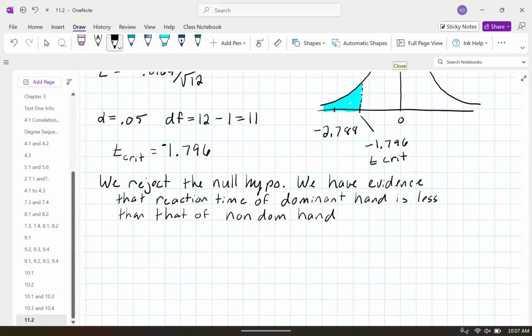So yay, we found a difference. That's what our hope always is, that we find some sort of difference.